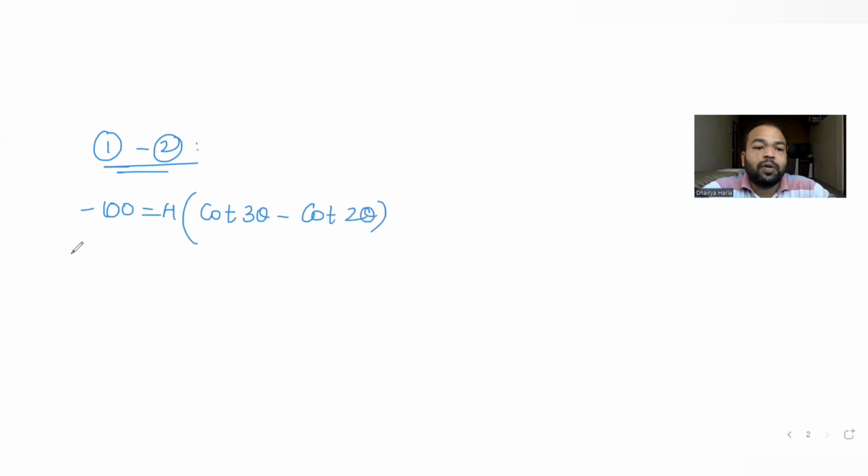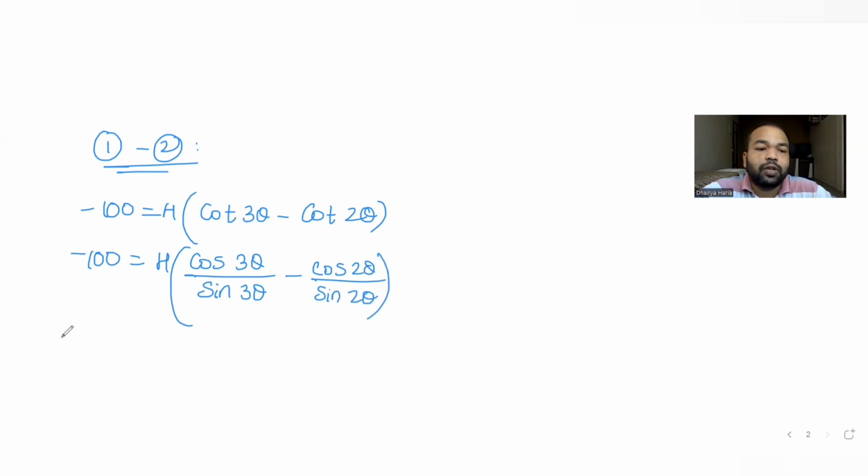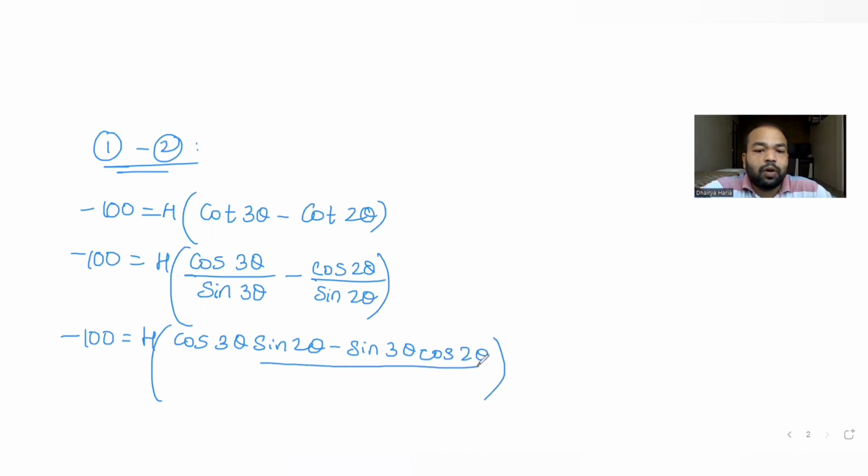So minus 100 is equal to H times cos 3 theta upon sin 3 theta minus cos 2 theta upon sin 2 theta. Solving further gives minus 100 is equal to H into cos 3 theta sin 2 theta minus sin 3 theta cos 2 theta, upon sin 3 theta sin 2 theta.